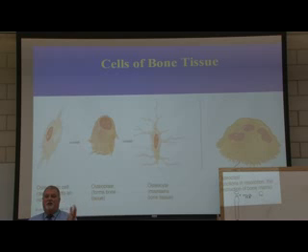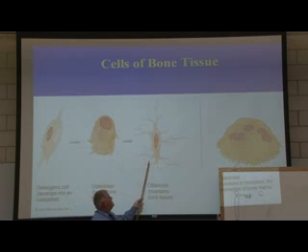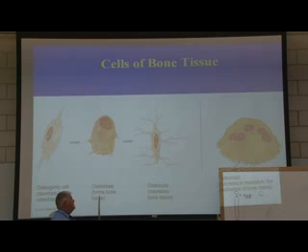So obviously when you were young and you were growing in size, you had tremendous activity of osteoblasts that allowed you to increase your bone length. Right? And then once the bone matures, the cell converts from an osteoblast that forms bone tissue or matrix to a cell that maintains the tissue. And that's an osteocyte. All right.